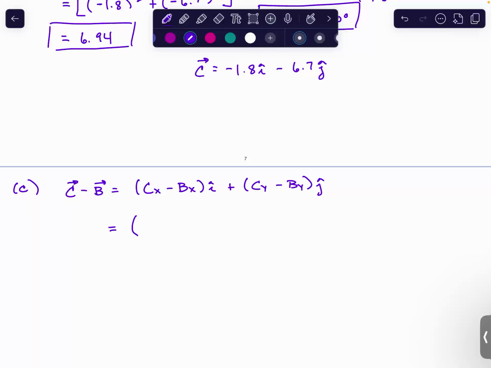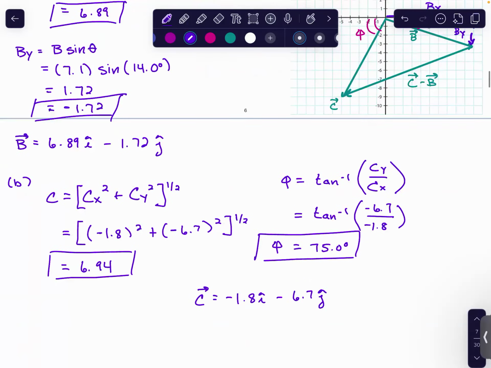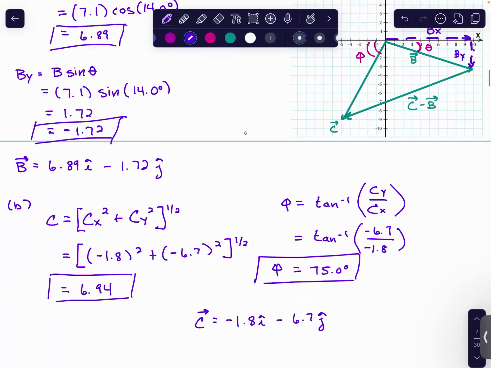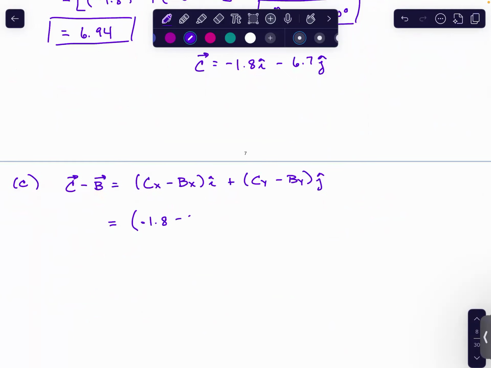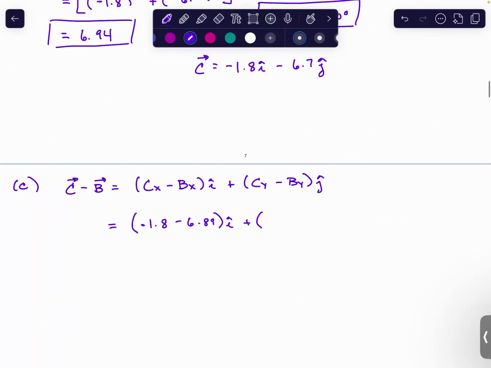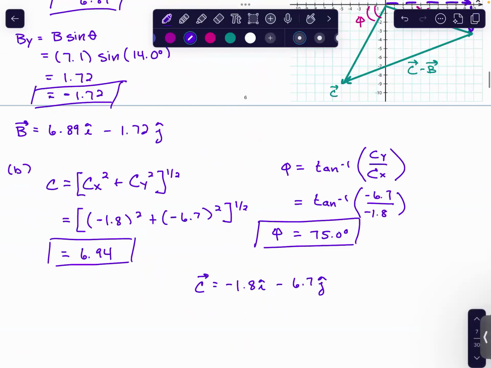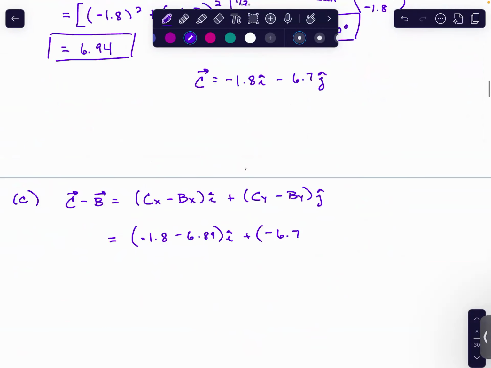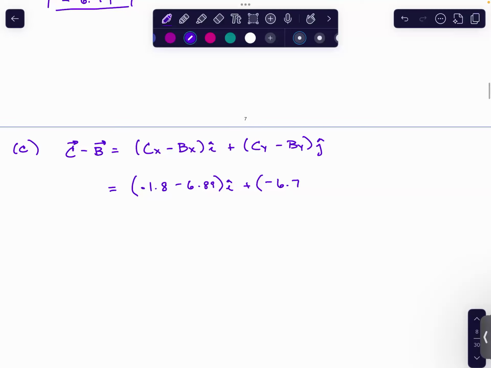Okay, so what is our CX? A negative 1.8. What is our BX? That is 6.89. Plus our CY minus BY. Our CY is a negative 6.7. And our BY is a negative 1.72, but the negative of a negative is plus 1.72 J hat.